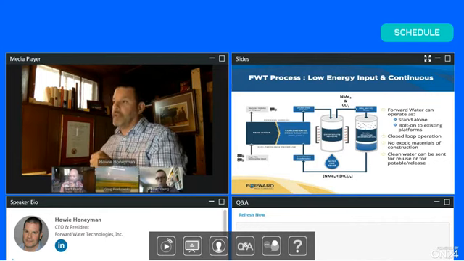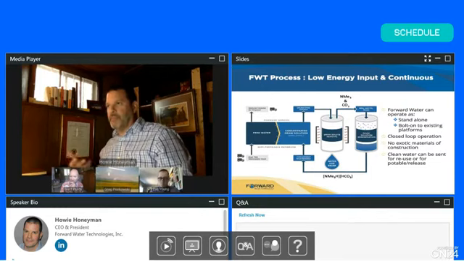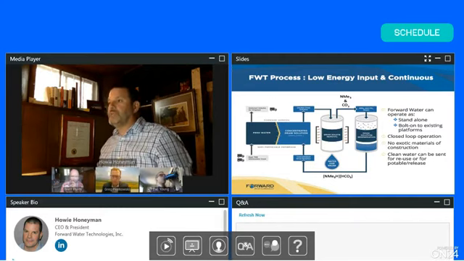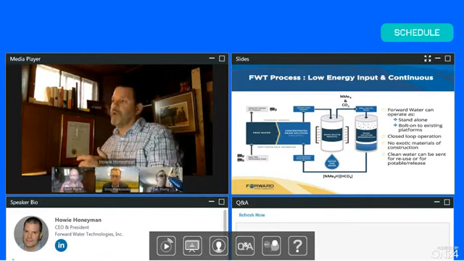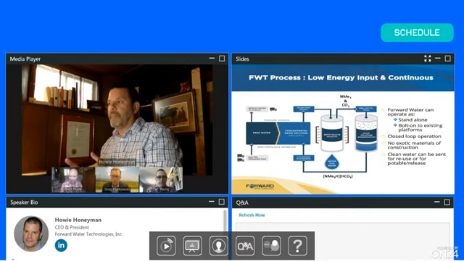The reason is that on the opposite side, the draw side of the membrane, we have a high salt content proprietary draw solute, over 70% by weight salt, that creates an osmotic potential to pull that water right across the membrane. So we've got no applied pressure, but we're extracting the water through the membrane.